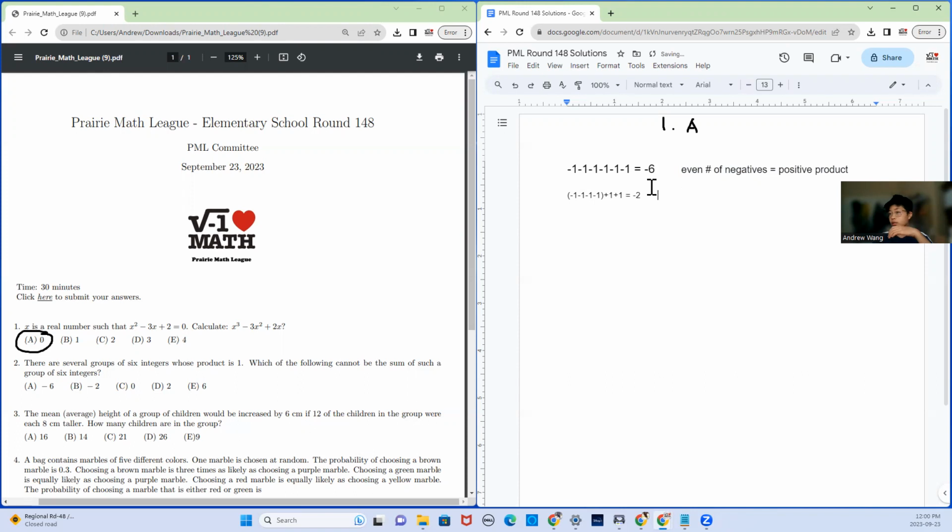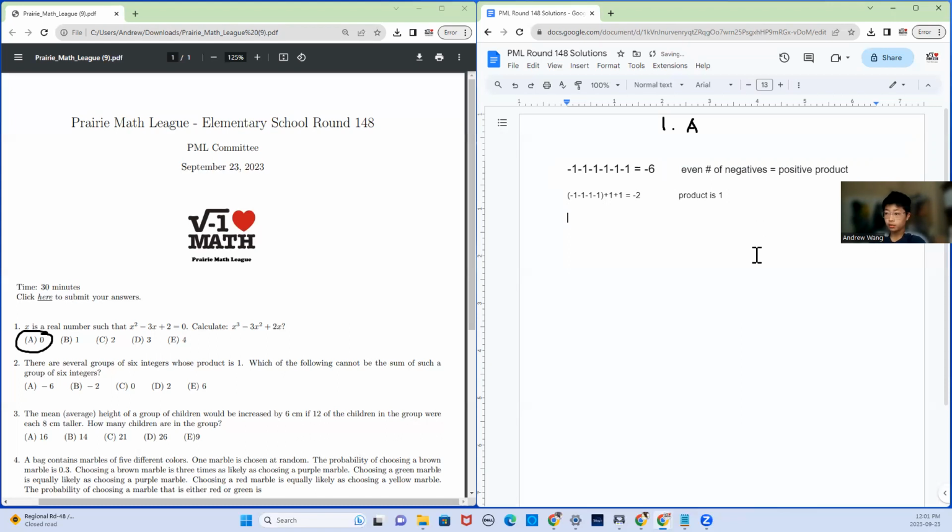And since it's all ones in the group of 6 integers again, the product will equal 1. And since there's also an even number of negatives, four negatives, it will equal a positive product. Same as the first one, since it's an even number of negatives.